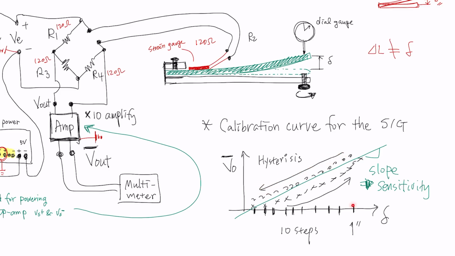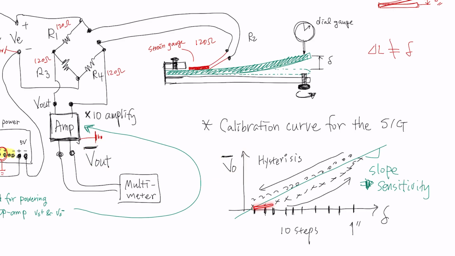And I would like you to increase the delta up to about 1 inch. So this is going to be 1 inch maximum. And then you may probably divide this into 10 steps. For each step, you measure the displacement and also the voltage that is amplified through the amplifier circuit.